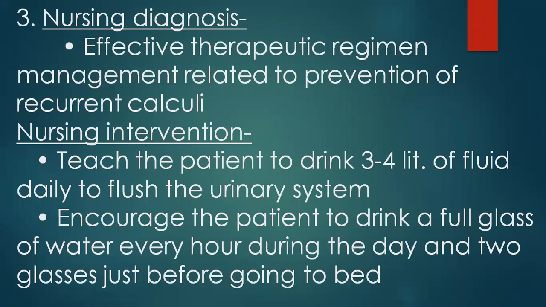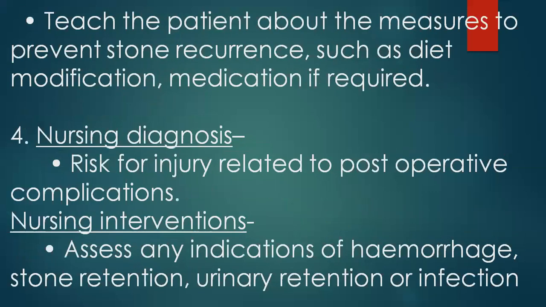Drink 3 to 4 liters of fluid daily to flush the urinary system. Then encourage the client to drink a full glass of water every hour during the day and 2 glasses just before going to bed. Then teach the client about the measures to prevent stone recurrence, such as diet modifications and medications if required.